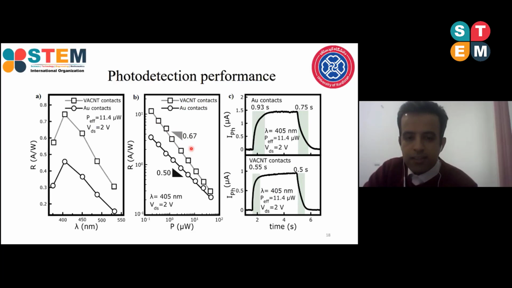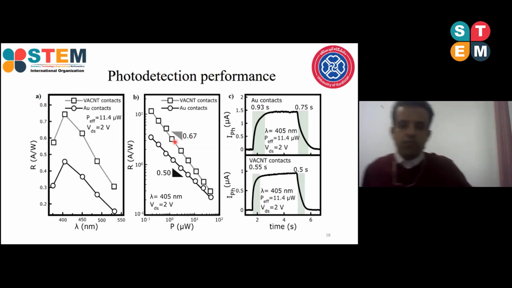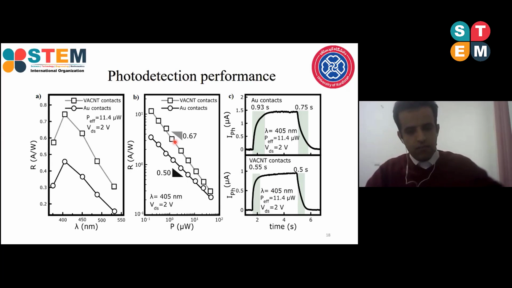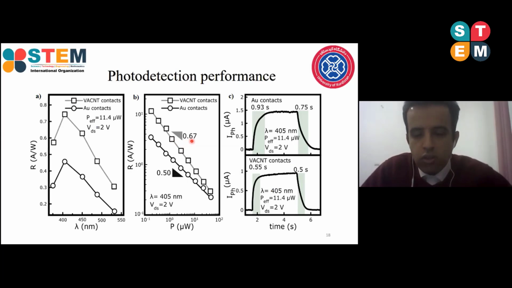That tells us about the good formation of the structure, and that our structure has good optical performance and higher efficiency conversion of photons into the electrical signal.